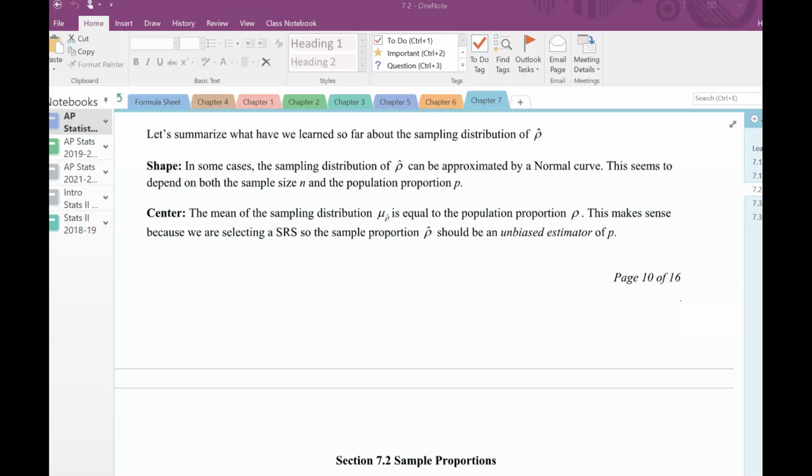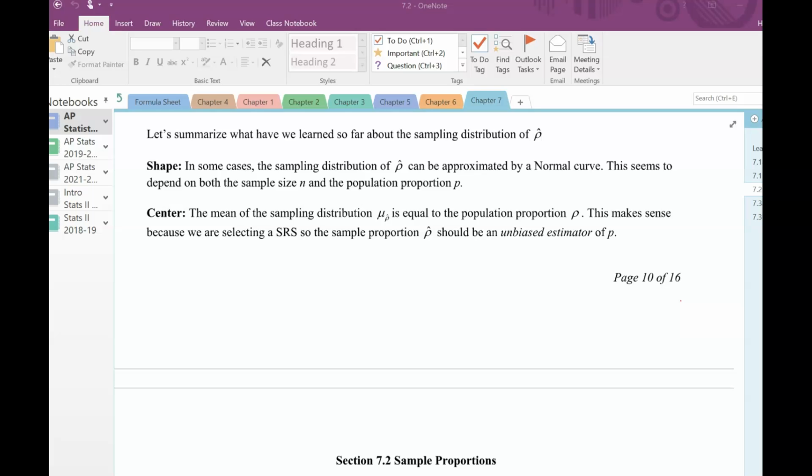The shape. So we're talking about the sampling distribution of p-hats. The sampling distribution, again, every dot on the sampling distribution is the statistic from one sample. So all of the dots are a proportion of success in one sample. So the shape, in some cases, the sampling distribution of p-hat can be approximated by a normal curve.